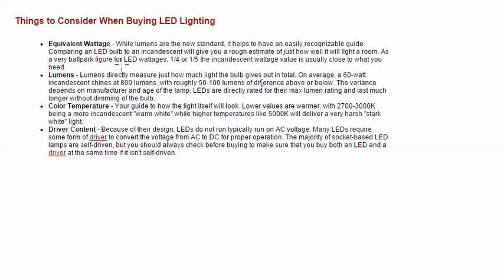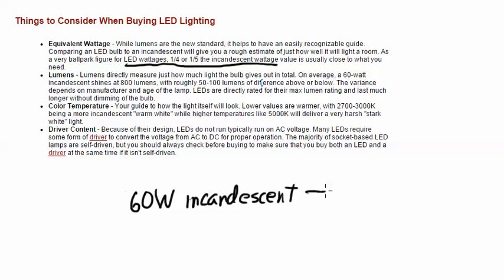It says here for LED wattages, 1/4 to 1/5 of the incandescent wattage value is usually close to what you want. So if you've got a 60 watt incandescent, you can replace it with a... 1/5 would be 12, I think. 12, and 1/4 would be 15.